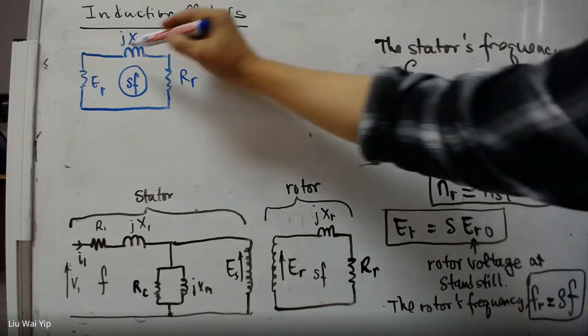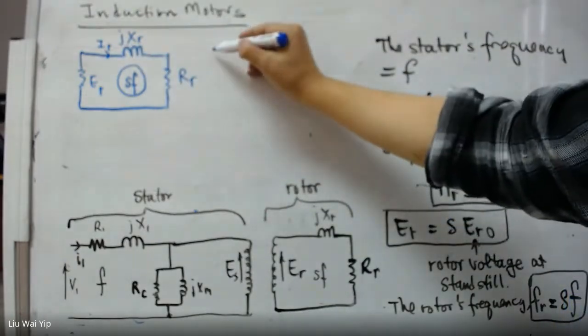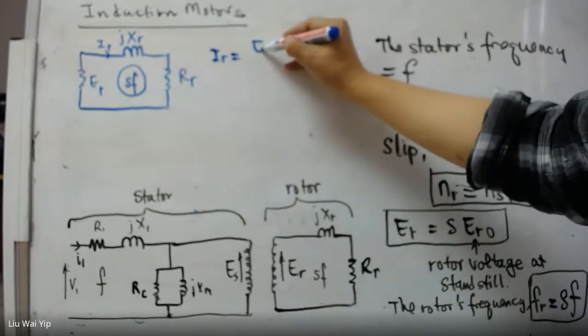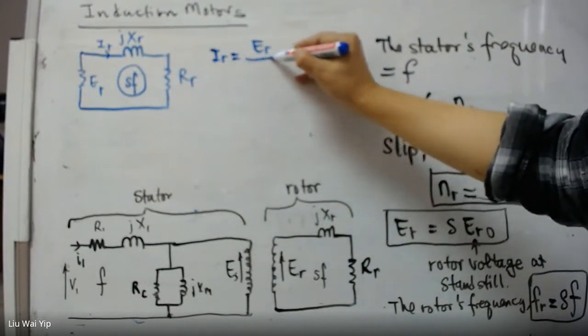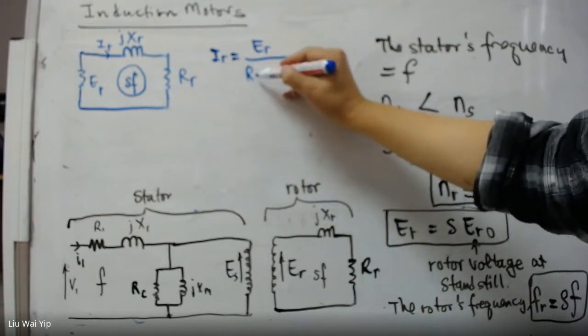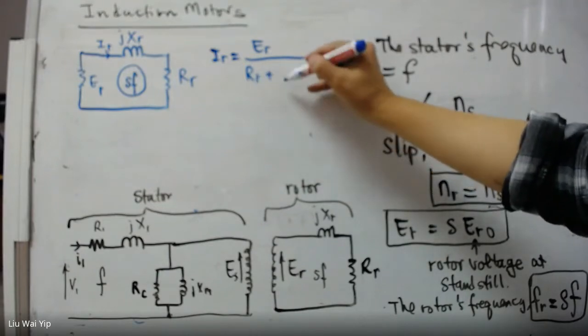Again, it can be related by Ohm's law. IR is equal to ER divided by R.